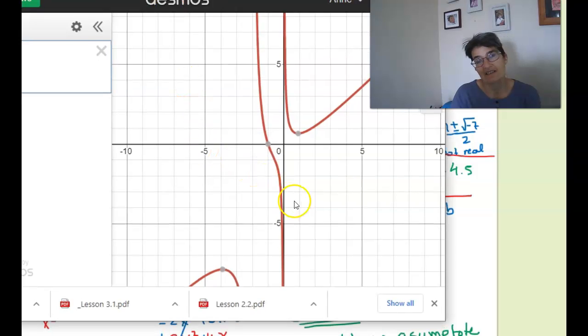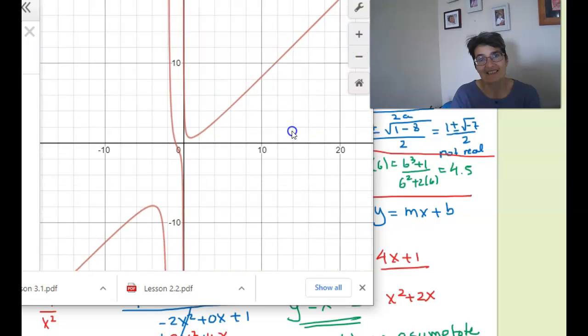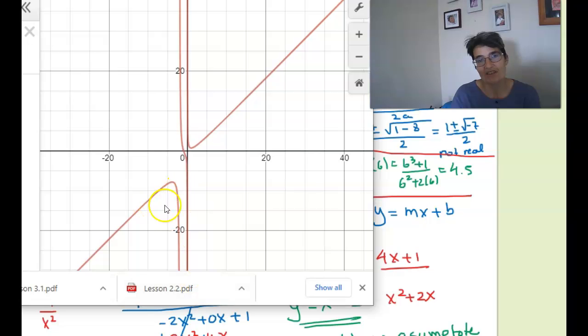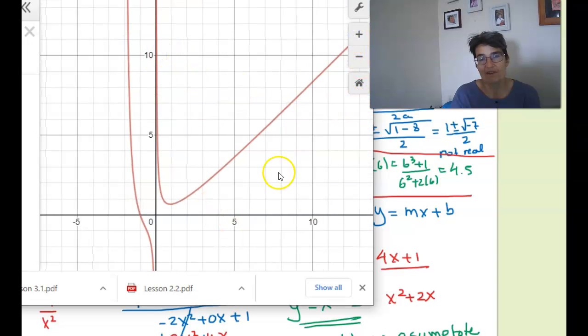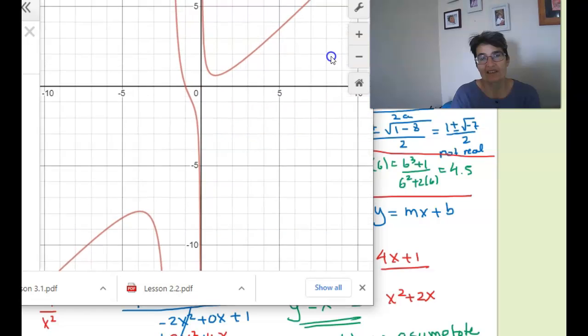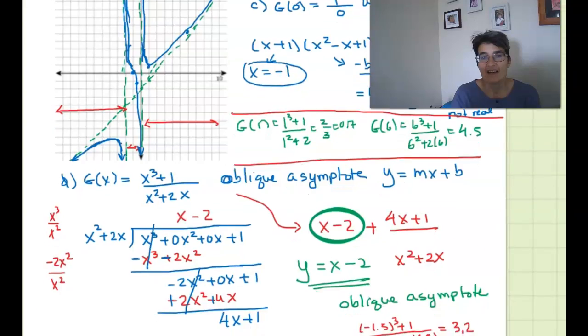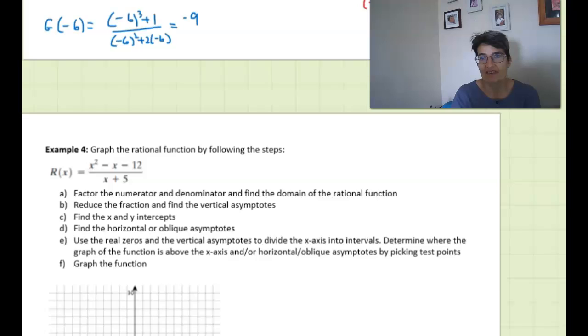There we are. Let's blow it up a little bit. You can see the branch down here, and then this little one stuck between these two vertical asymptotes, and then this one here. So it looks like the one that we drew by hand. That's what a graph with an oblique asymptote looks like.